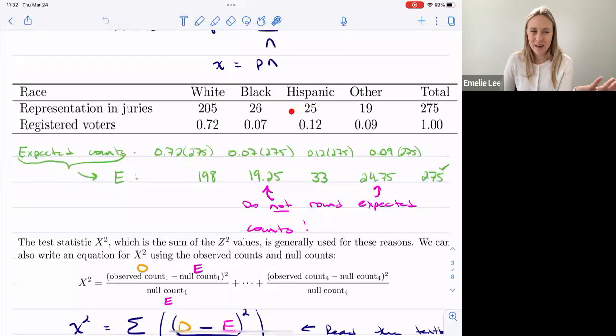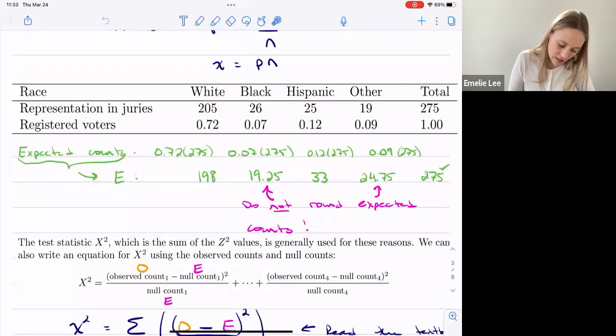And so that assumption is checked. And then our expected counts, well, they were all well over 5. And so the assumptions have been checked, right? And so there's not a lot to it. It's just a different thing to have to consider.